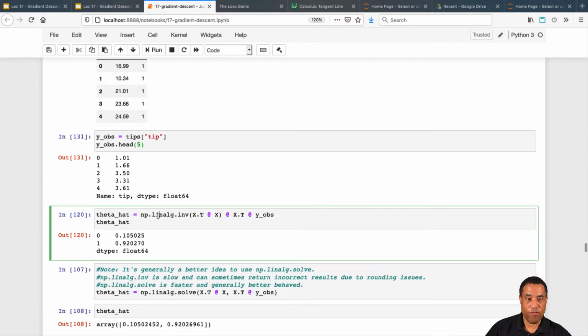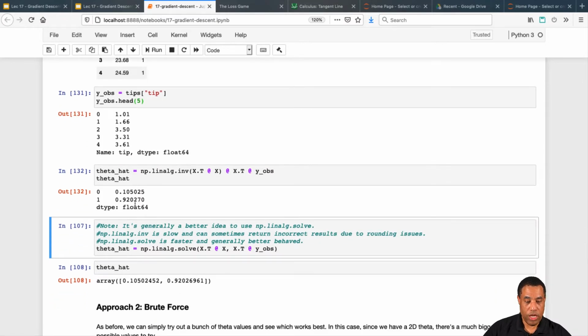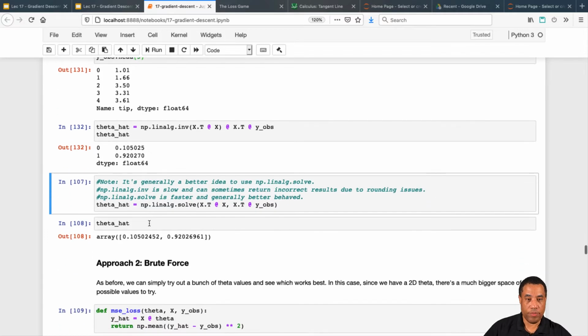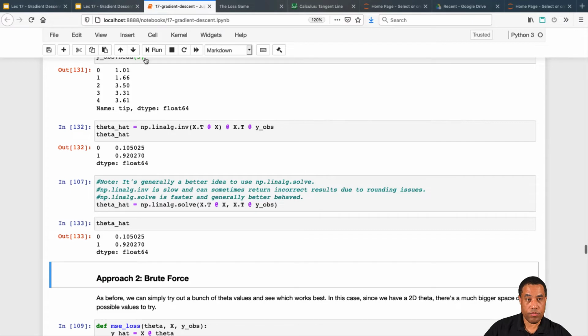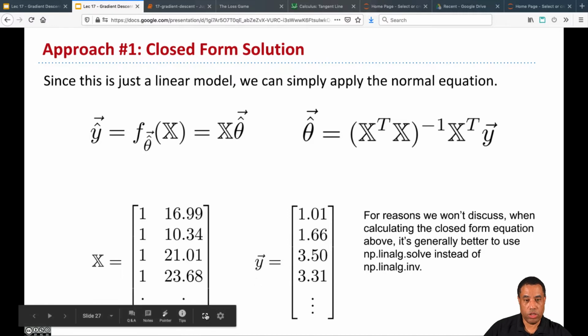And so we want to find the theta hat, the optimal value for theta. And that's going to be a y-intercept of 92 cents and a tip slope of roughly 10.5 cents. Okay. So that's the closed form solution.